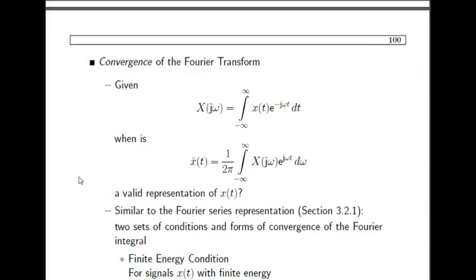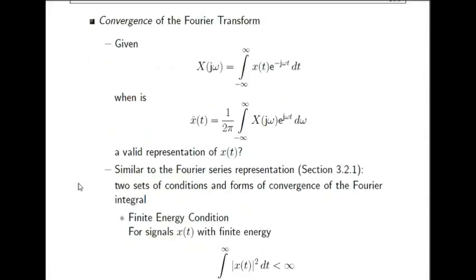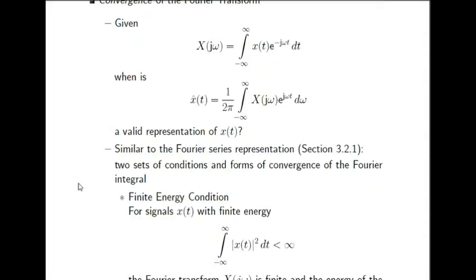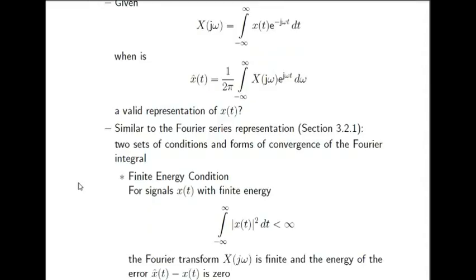Similar to the Fourier series, there are two conditions and forms of convergence of the Fourier integral. The first one is the finite energy condition, which is similar to the mean square error term which was there in Fourier series.